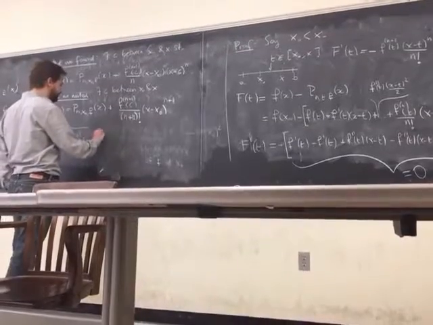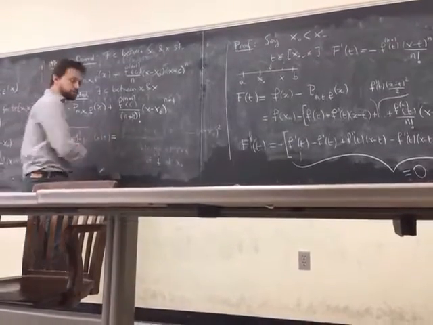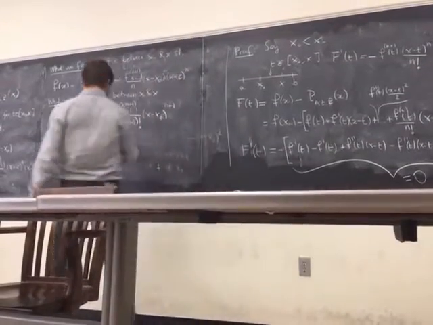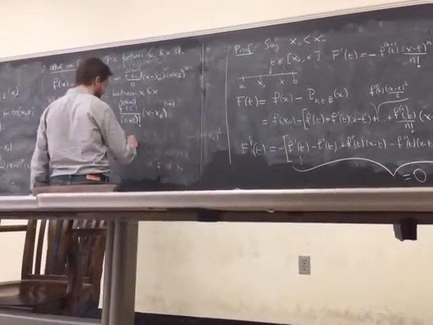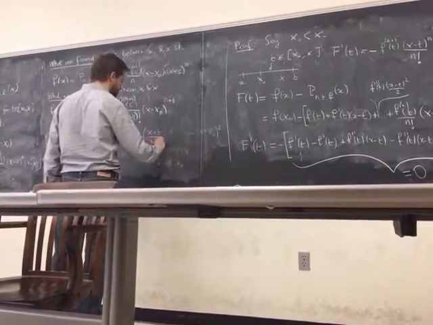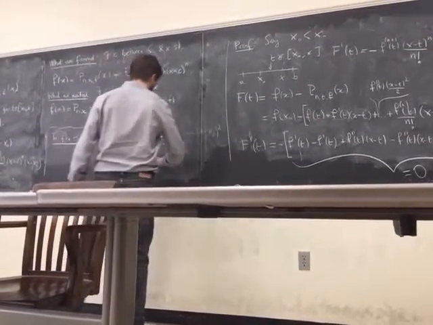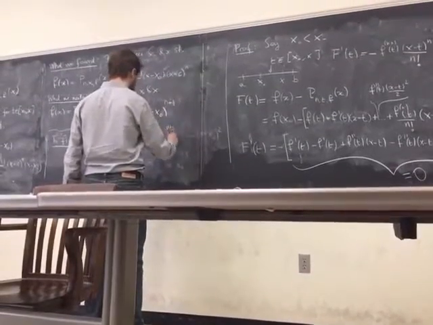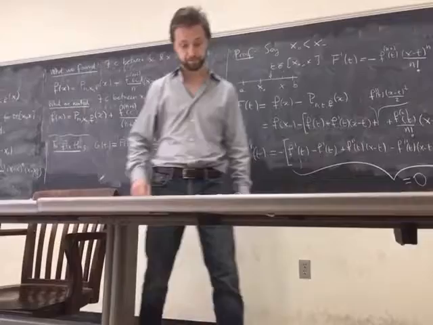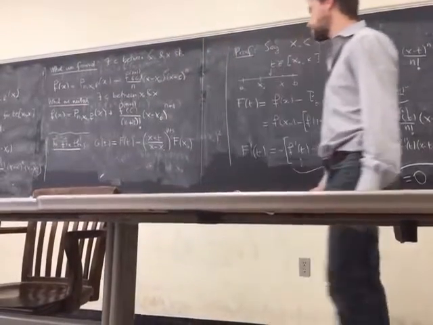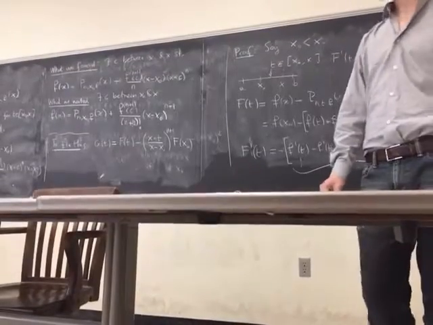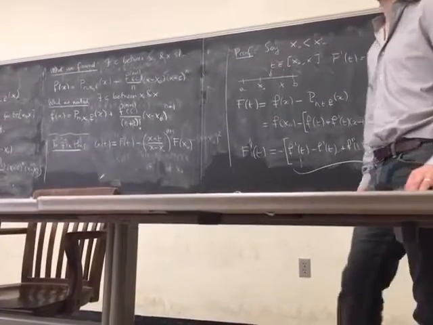You set G(t) to be F(t) minus ((x - t)/(x - x₀))^(n+1) times F(x₀).